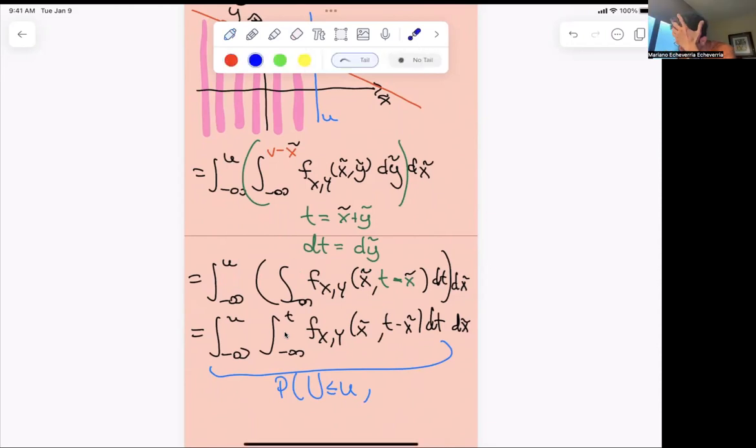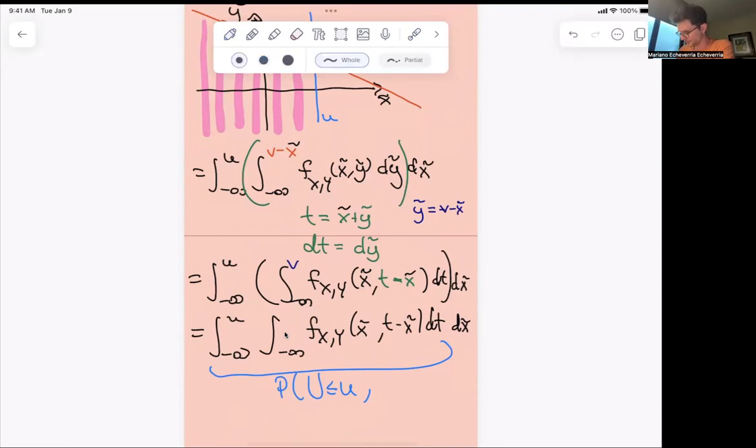So the idea was, when I'm changing the bounds for this integral on the inside, when y tilde is minus infinity, t is going to be minus infinity, that's fine. But when y tilde is v minus x tilde, then t is just going to be v. So this should have been v.